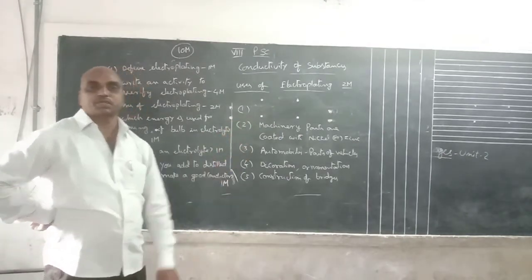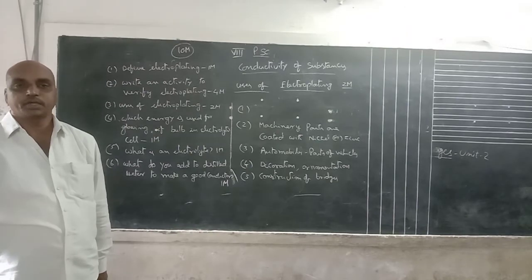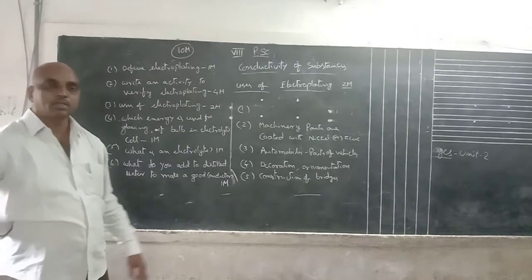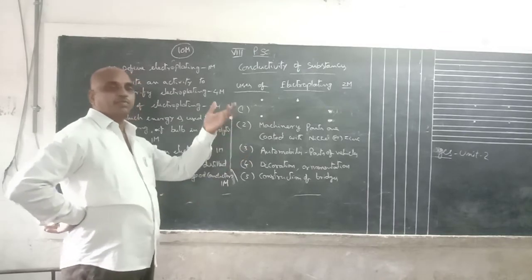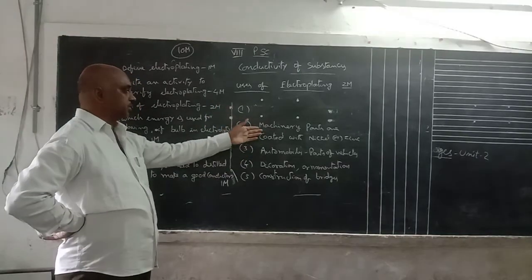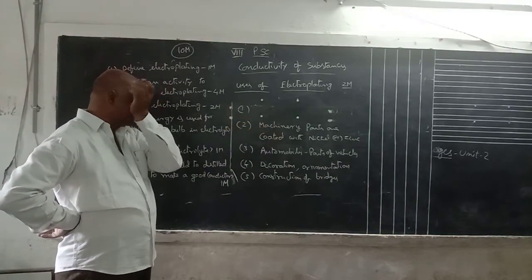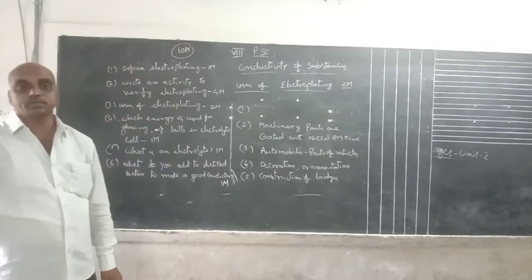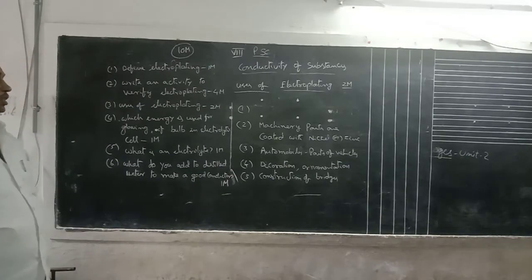Generally, after using machinery parts, slowly they corrode. Rust is formed and they get damaged, and they are not useful further. To avoid that problem, they are coated with zinc or nickel. Next, automobile parts and various vehicle parts are coated with zinc, nickel or chromium.